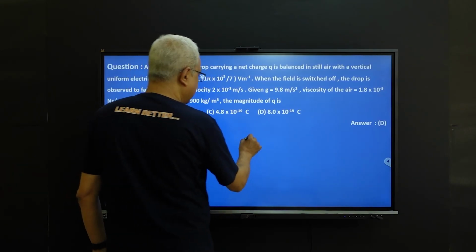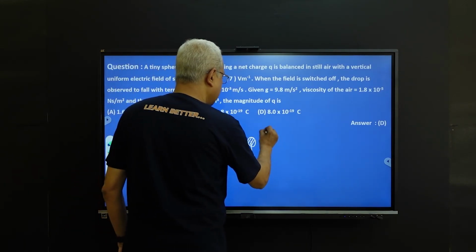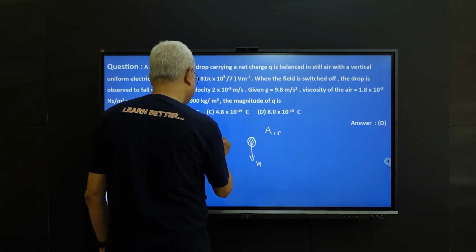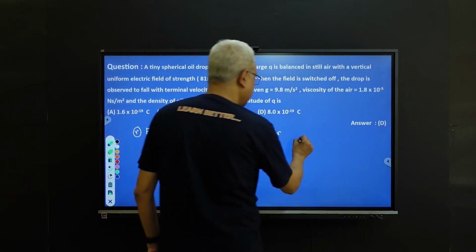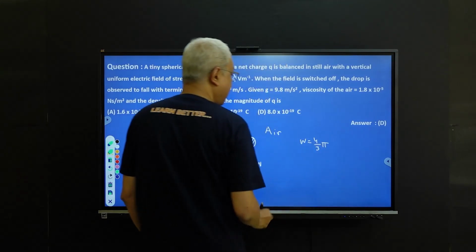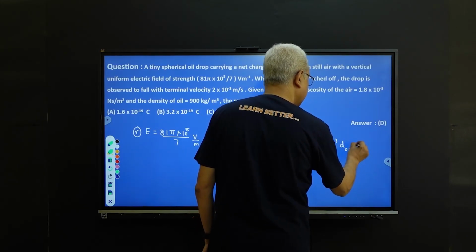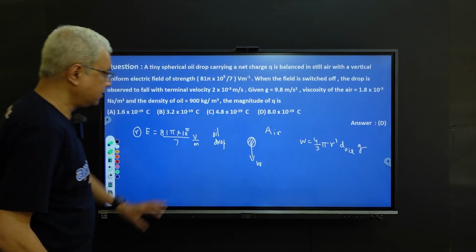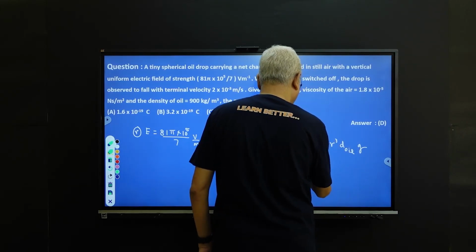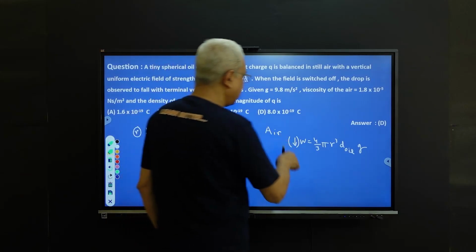So this is the weight of the oil drop. It is kept in air. The weight of the oil drop is 4/3 π r cube d oil into g, and weight is acting in the downward direction, the gravitational attraction.